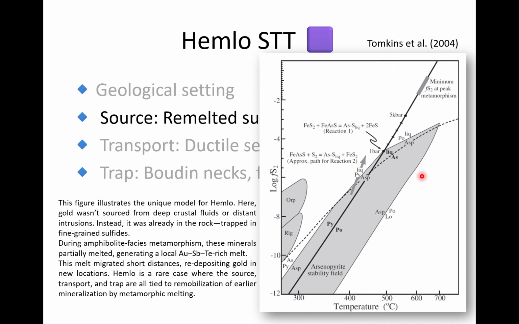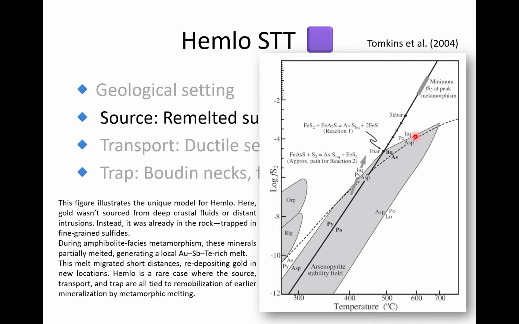The shaded area is the stability field for different sulfide minerals, including arsenopyrite, pyrite, and some others, such as orpiment or realgar. We have the stability field of arsenopyrite, but what's important is what happened as the system heats up during metamorphism around 600, 650.